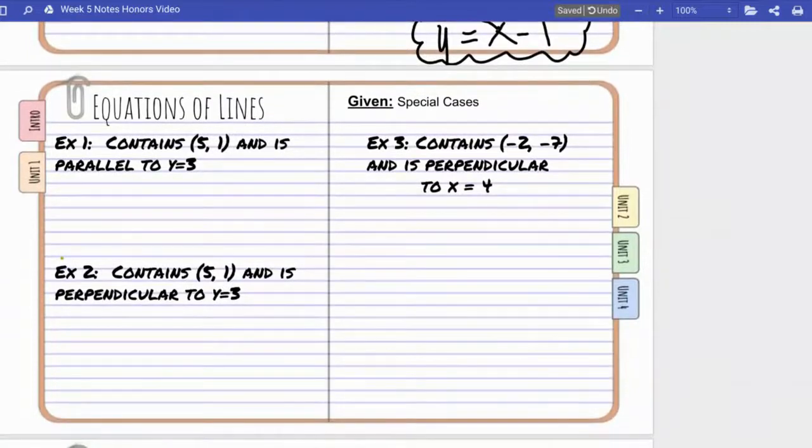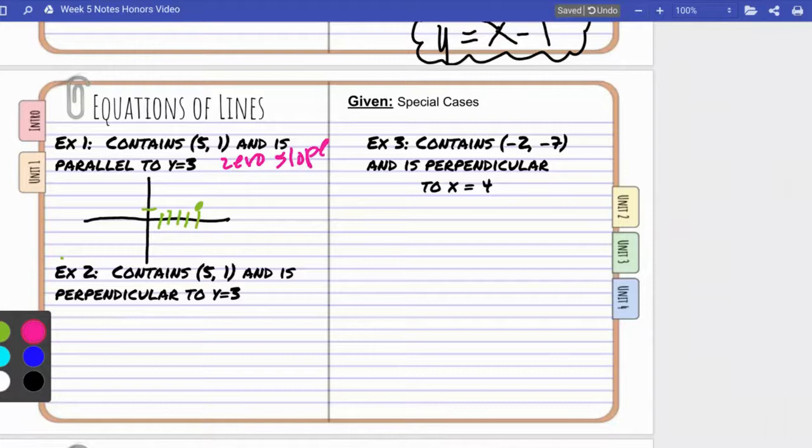So let's talk about some special cases. I want the equation of a line that goes through the point 5, 1 if it's parallel to the line y equals 3. So 5, 1 is right here. If I want to graph the equation y equals 3, that means it has a 0 slope.